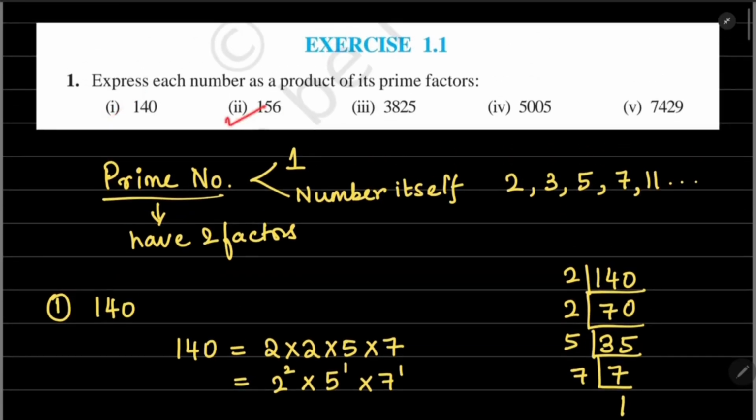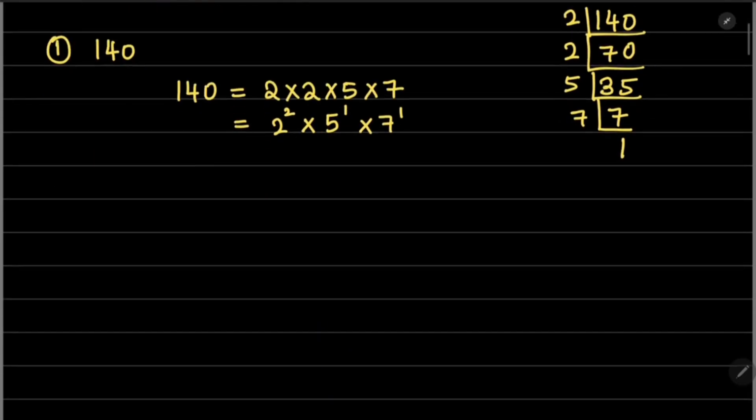Now let's move on to the next one. These are all composite numbers. The second question is 156. Again, let's do the prime factorization of 156. Start with the smallest prime number 2. 2 sevens are 14 and then remainder is 1. 2 eights are 16.